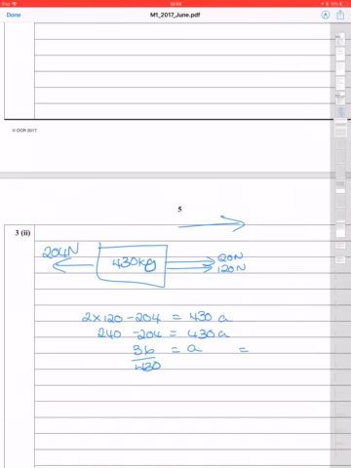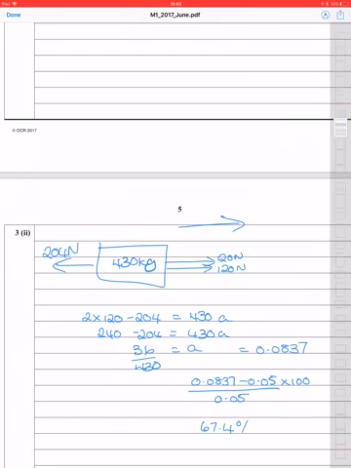So you should get a equals 0.0837. But just be careful because it said find the percentage increase. So it was originally 0.05. So 0.0837 minus 0.05, that's our increase, over 0.05 times 100, and our percentage increase equals 67.4%.